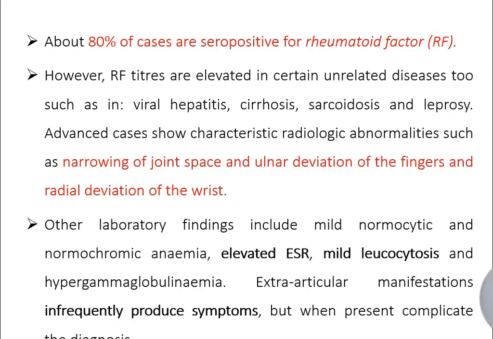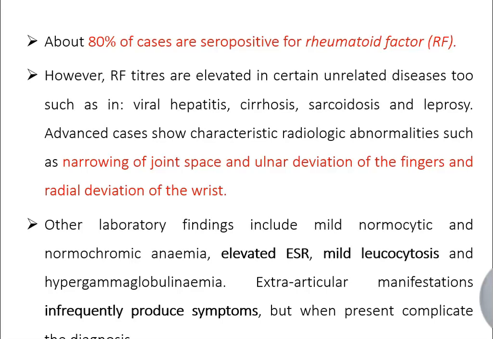Rheumatoid factor titer levels are elevated in certain unrelated diseases too, such as viral hepatitis, cirrhosis, sarcoidosis, and leprosy. That's why careful correlation of the seropositive result with radiological abnormalities is very important in the diagnosis of rheumatoid arthritis.